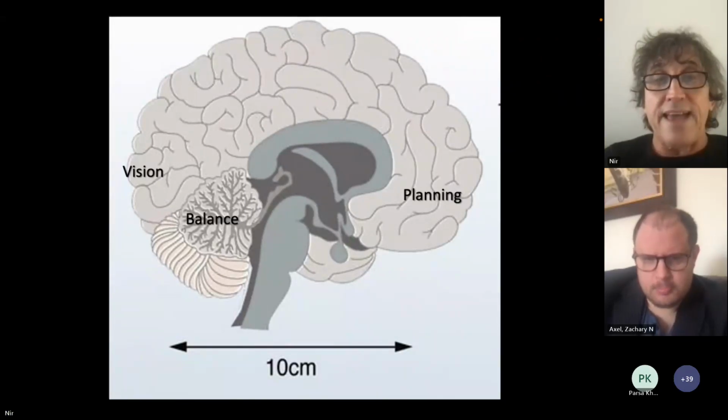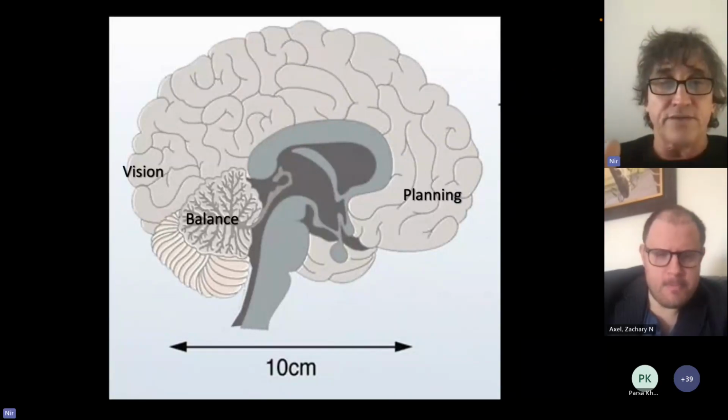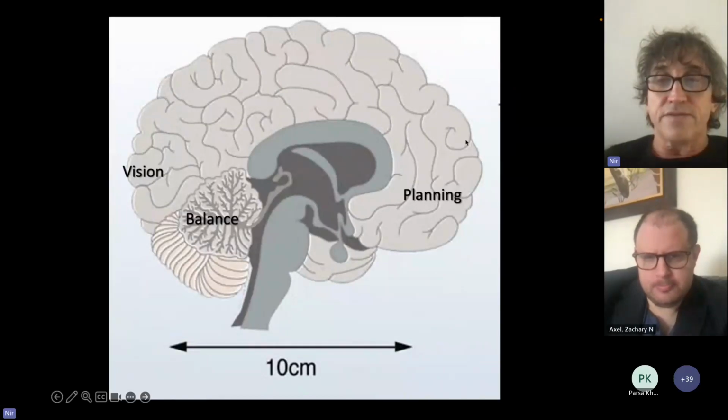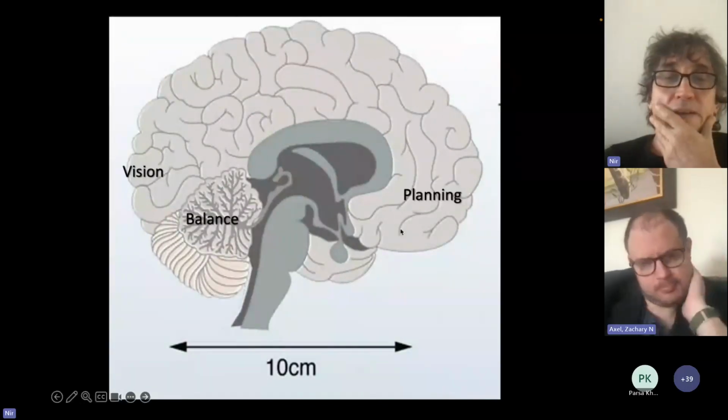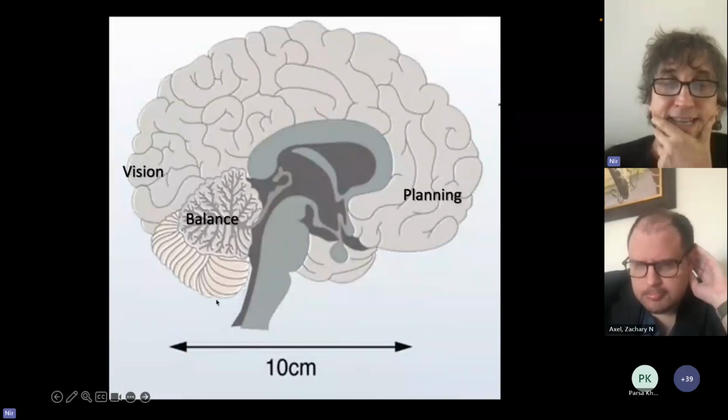When I say the scale of things, I want to give you an understanding of what we're talking about here. If you look at this brain, this is a human brain, this is the front, where your eyes are, and this is the back of your head, and the scale here is about 10 centimeters.